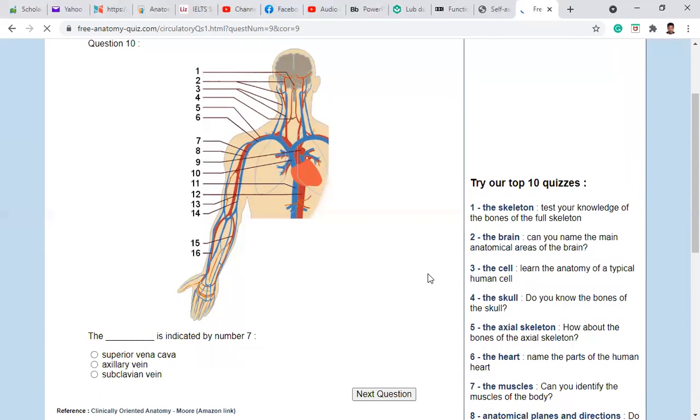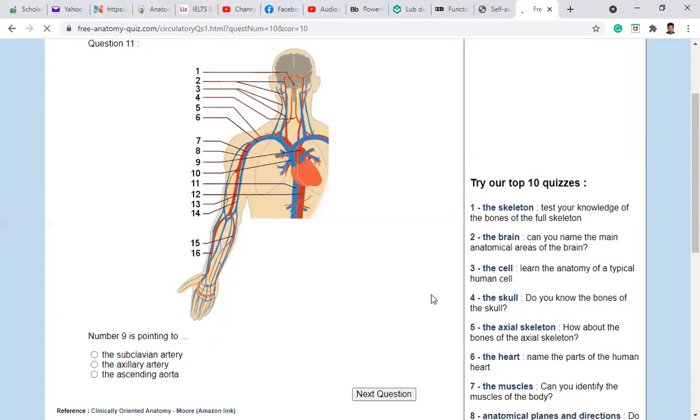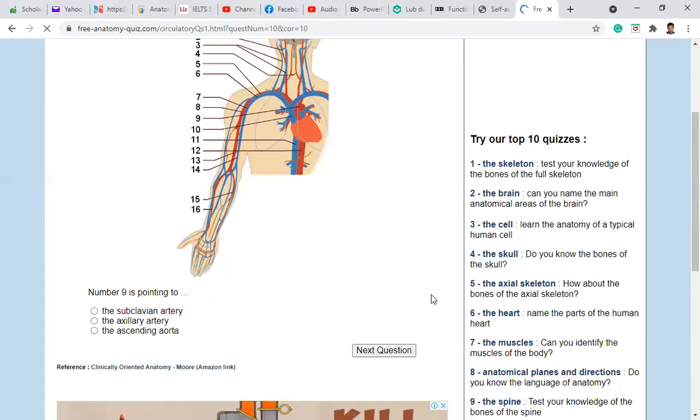Number 7, axillary vein. But you know, from this diagram, that's where the axilla is here. But it's okay, I think it's just the way they drew it. Maybe it's for subclavian. I'm not sure. I think they didn't draw the diagram well. I think you are right.